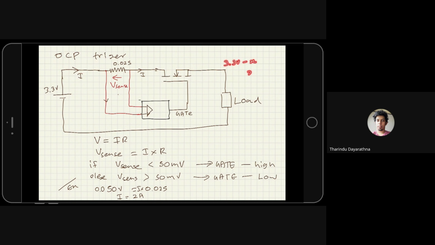This X value is less than 50 millivolt, so a very small drop will happen, and you have to ignore that one. Understand? This is how OCP works in our circuit. So this is drain, this is source, this is gate. No issue. If you have a question, you can ask.